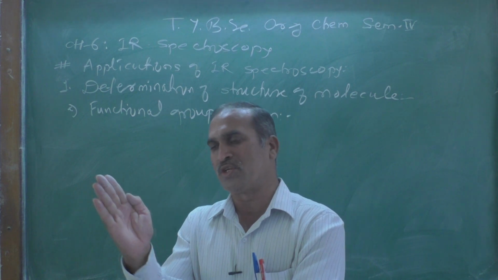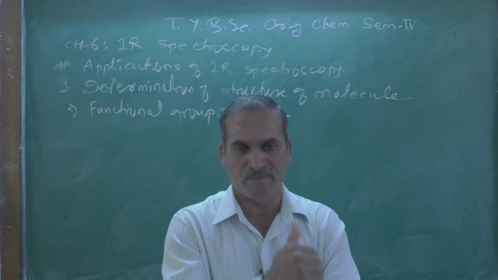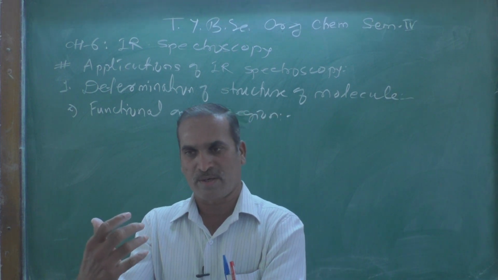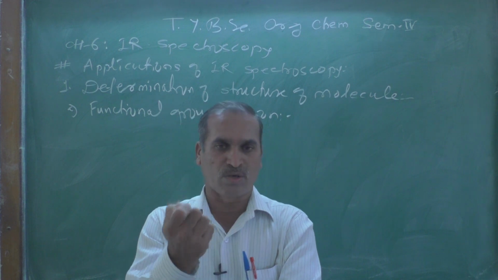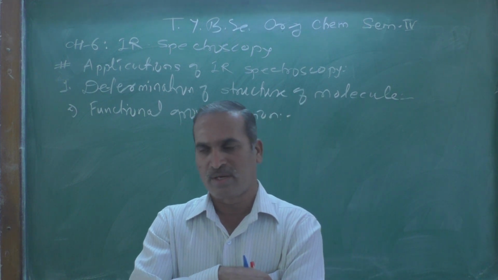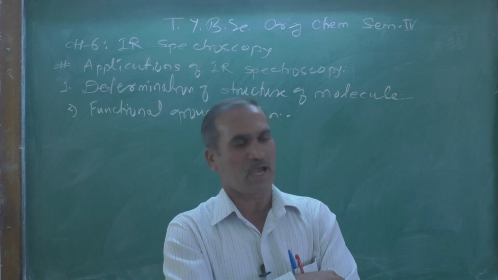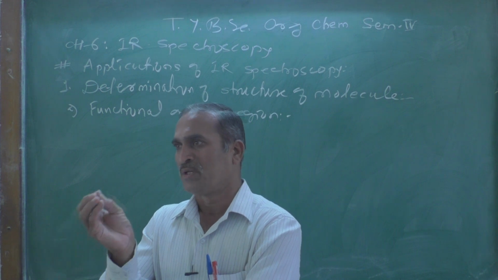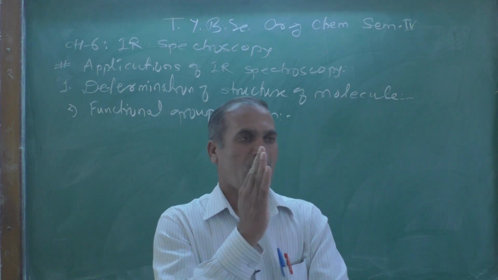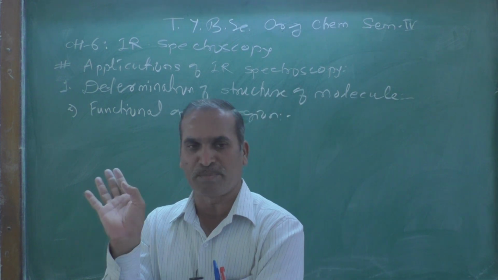So how do you distinguish these two kinds of carbon-carbon double bond from each other? One is an alkene, or the olefin we can call it, and another one is an aromatic compound. And as we know, theoretically, how do we distinguish an aromatic compound and an aliphatic compound? It's very simple.